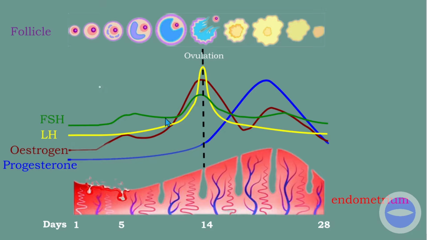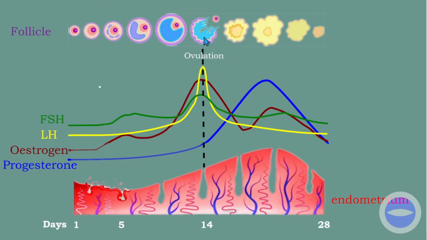As they grow, here we have a Graafian follicle, and the estrogen is also growing. As we approach day number 14, the luteinizing hormone, which is responsible for ovulation, is also going up here.